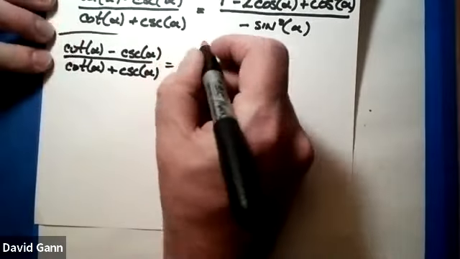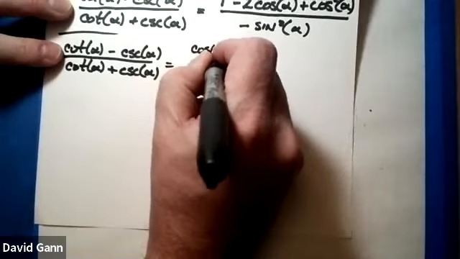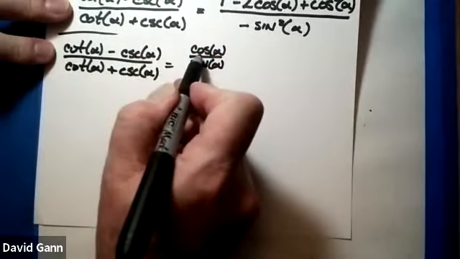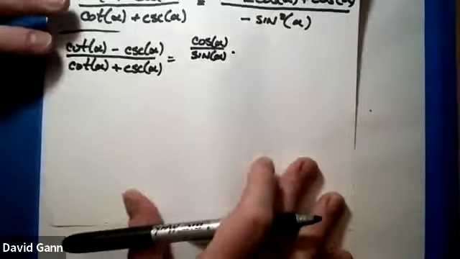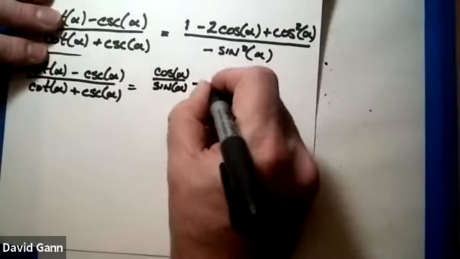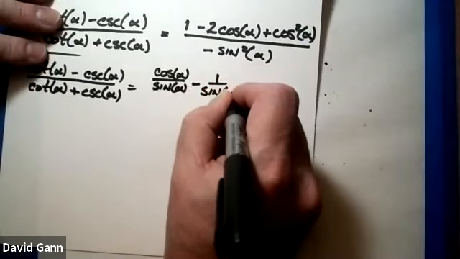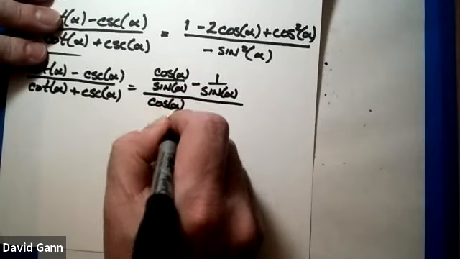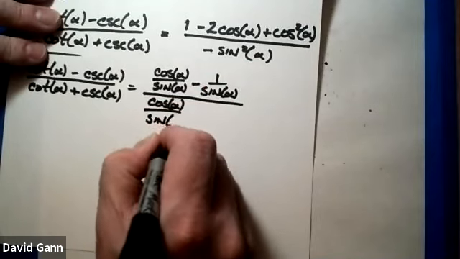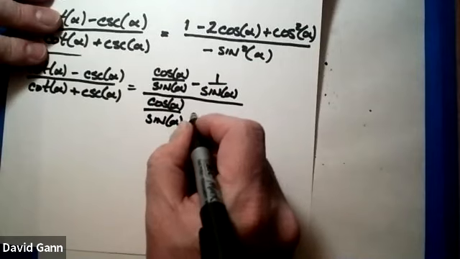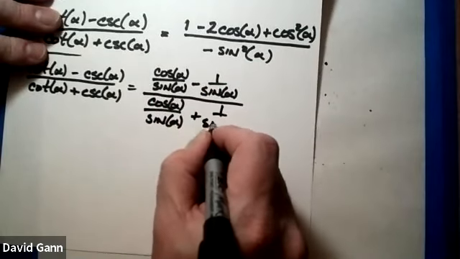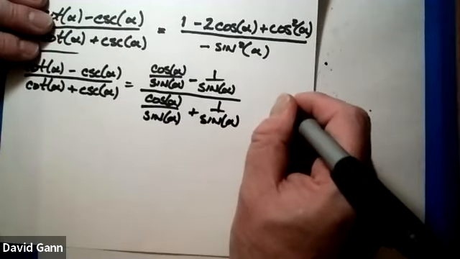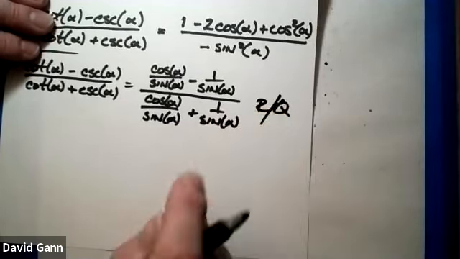So this ends up being cosine of alpha over sine of alpha, that's the cotangent, minus 1 over sine of alpha, all over cosine of alpha over sine of alpha plus 1 over sine of alpha. Okay, this is a quotient, reciprocal and quotient.